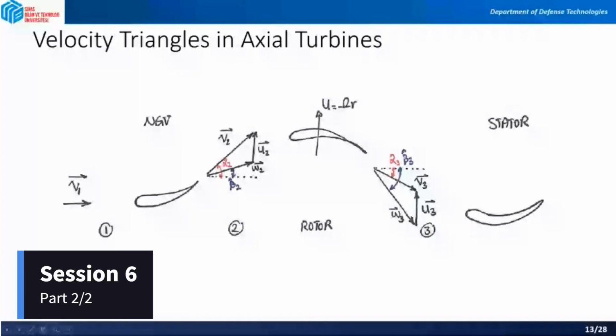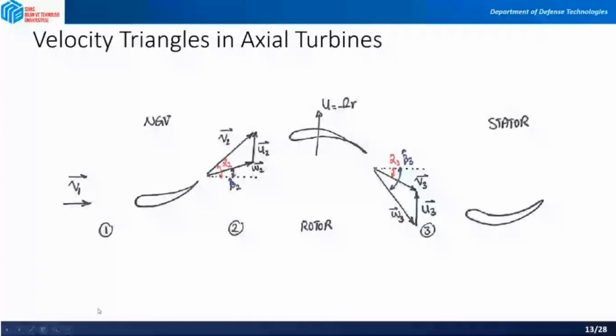So now let's have a look at the velocity triangles in axial turbine. Again, you have to construct these triangles like you were doing it in the compressor case.